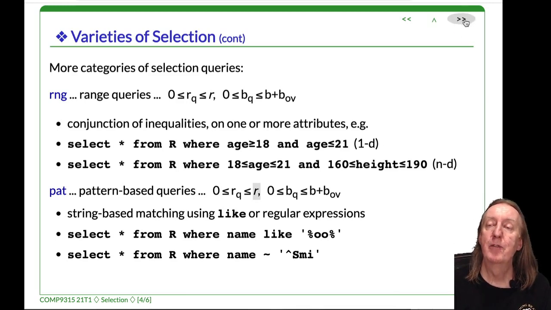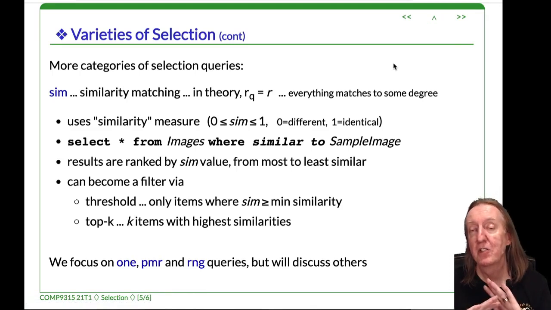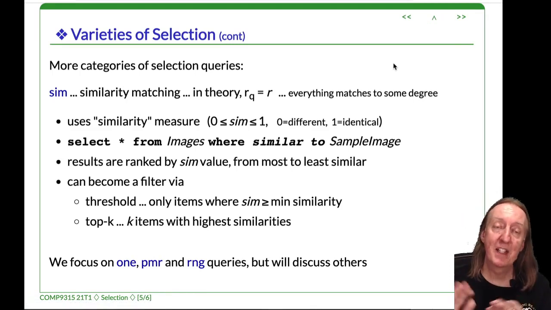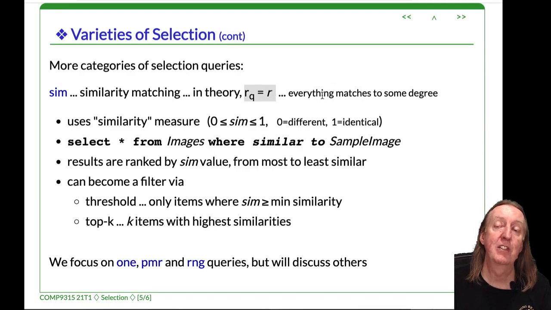All right, and one final selection type, similarity matching. Now this is qualitatively different to the ones that we've just been looking at, because, for one thing, in theory, everything is a match, because you can argue that everything is similar to some degree or other.